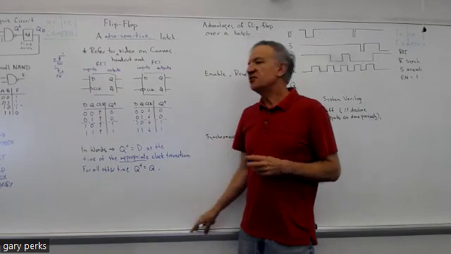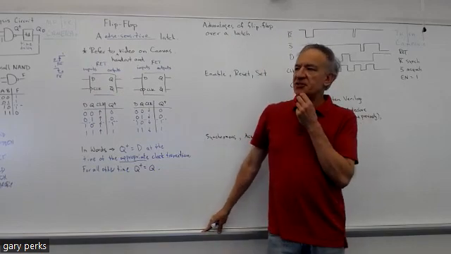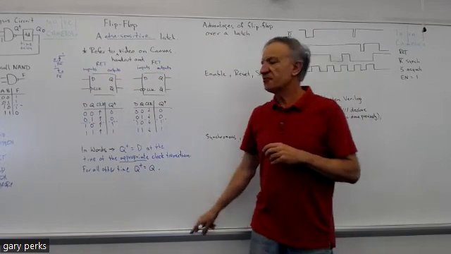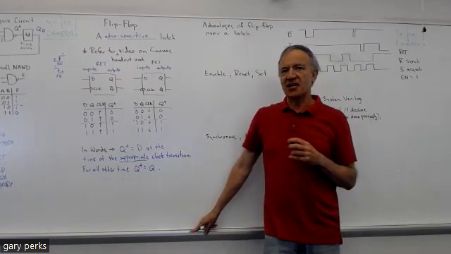So when is data being stored for a flip-flop? Is it being stored at the time of the appropriate clock transition, or is it being stored for all other time other than the appropriate clock transition?